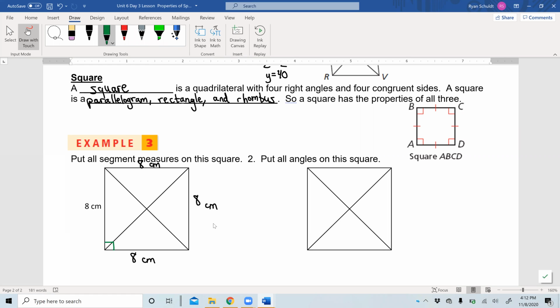Notice here that one side of a square, or 1/2, makes a 45, 45, 90 special right triangle. So that means our diagonal, the whole diagonal, would be 8 square roots of 2 centimeters. So that means each individual piece would be 4 square roots of 2, 4 square roots of 2, etc. So, of course, we're in centimeters here.